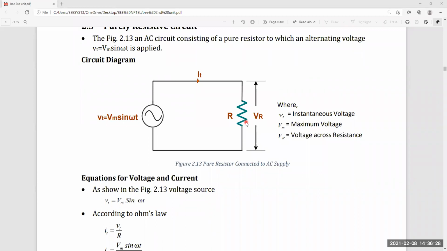That's why it does not oppose voltages and currents. It dissipates the energy in the form of heat. That's it, it's not a storage device.